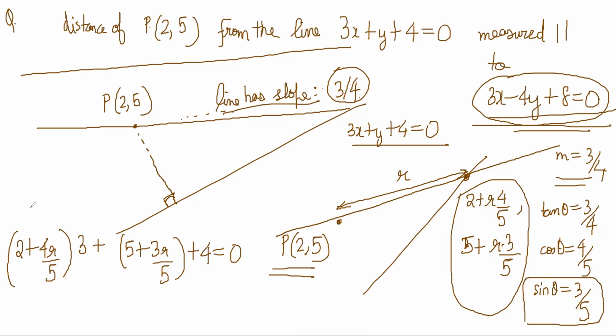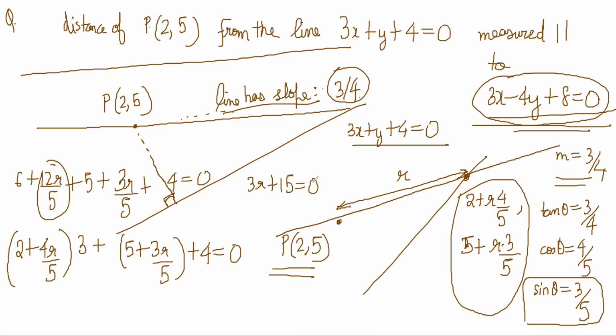So you get 6 plus 12r by 5 plus 5 plus 3r by 5 plus 4 is equal to 0. So this becomes 15r by 5, so 3r plus 15 is equal to 0. r is equal to minus 5. So basically 5 is the distance.